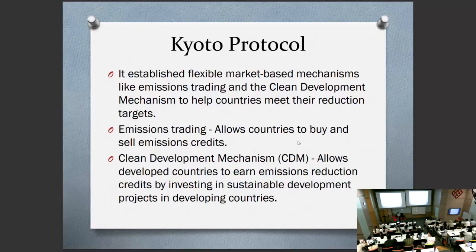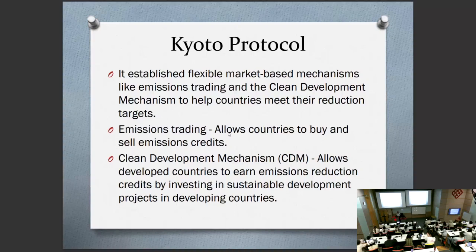And the second, clean development mechanism. And the third one is not mentioned here, but it is joint implementation, some joint investment. I will explain these later. Emission trading is to allow countries to buy and sell emissions credits.